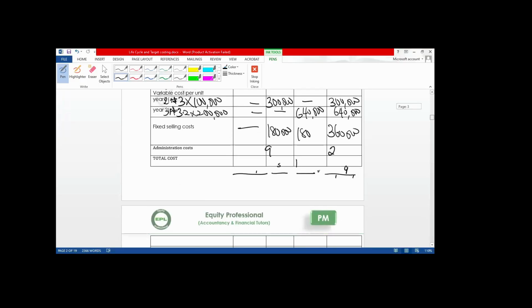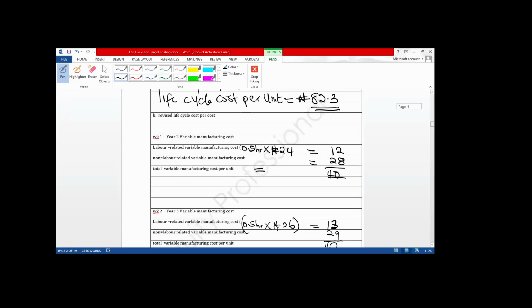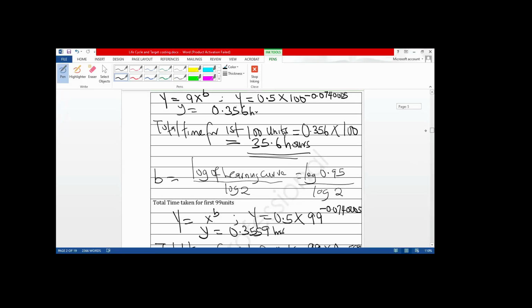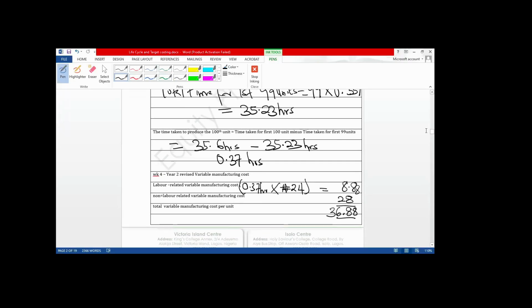All right. Go back to your study pack. Look at question number 2 on learning curve, Learners and Co. That should be page 125.